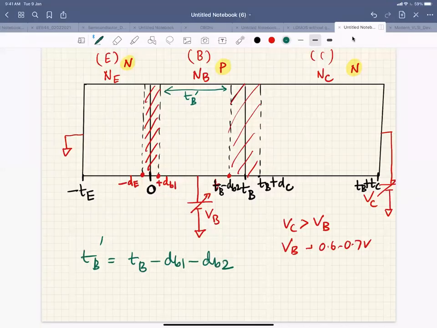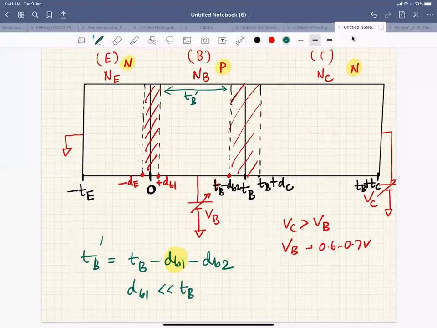But keep in mind, this dB1 will be very low because this junction is forward biased. So compared to TB, your dB1 is much lower. So dB1 is much lower than TB.